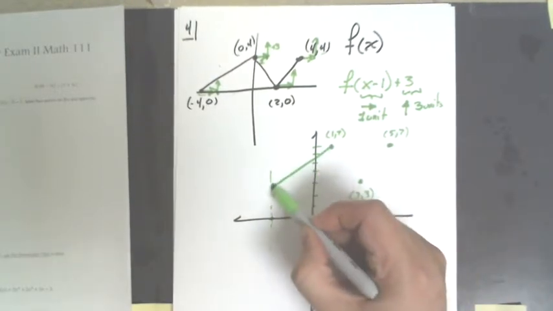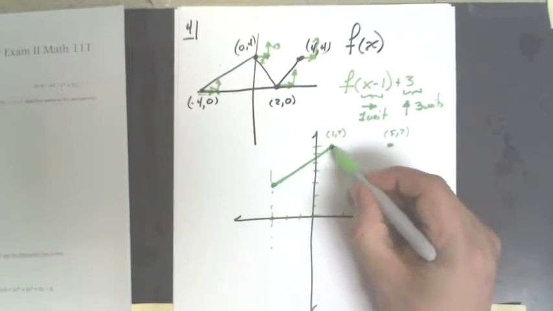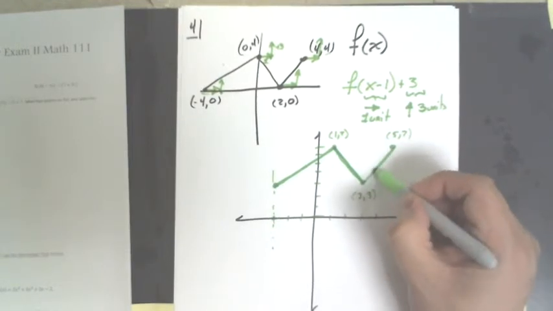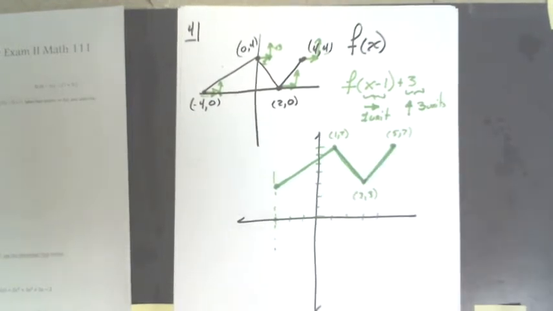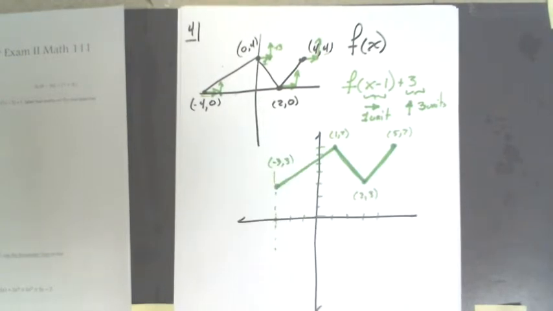So again, we should have the same exact shape, just shifted a little bit to the right and 3 units up. Should label this point as well, just since we're here, (-3, 3).